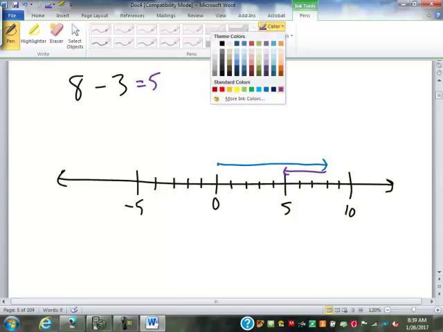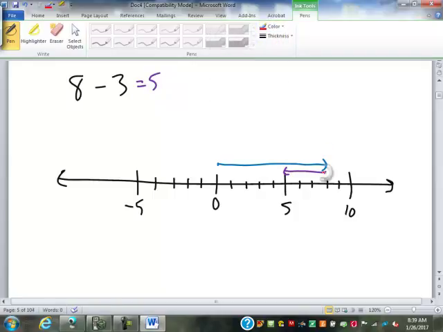If I look at that, this vector right here is the vector for negative 3. What I just did here looks an awful lot like 8 plus a negative 3. In fact, it is the picture. It is the vector representation of 8 plus a negative 3.